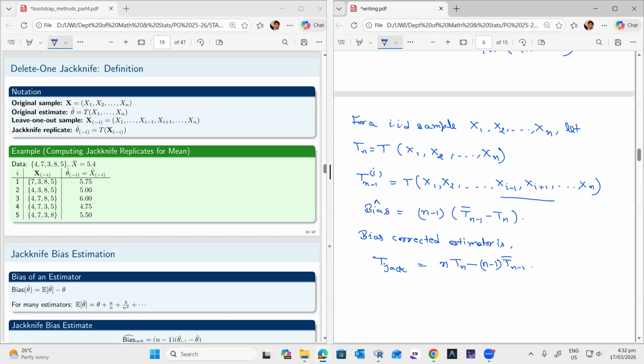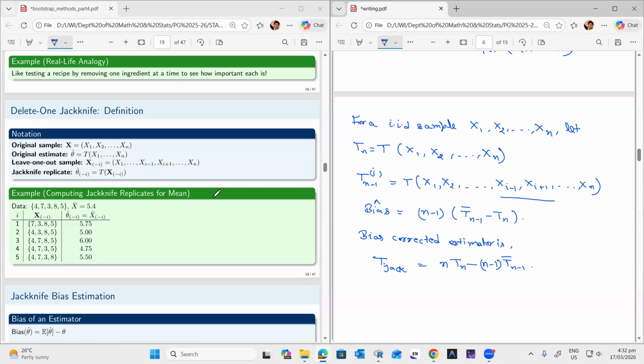All right, so now we just come here, the delete-one jackknife. Delete-one jackknife is basically when we have the original data x1, x2, ..., xn, and the original estimate is theta cap, based on that data.